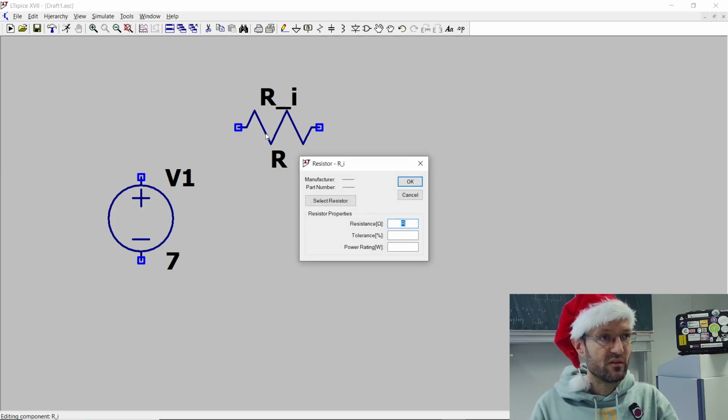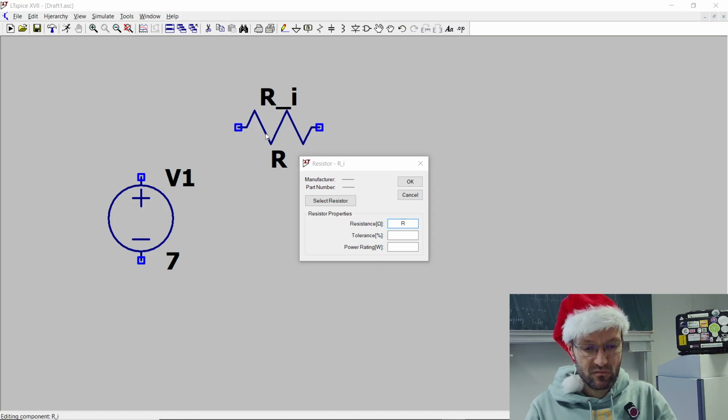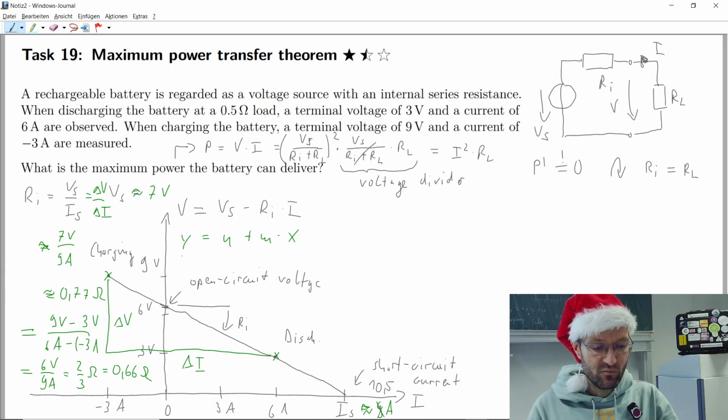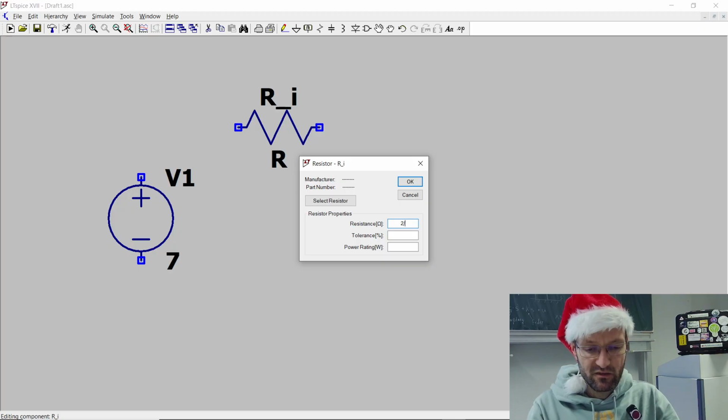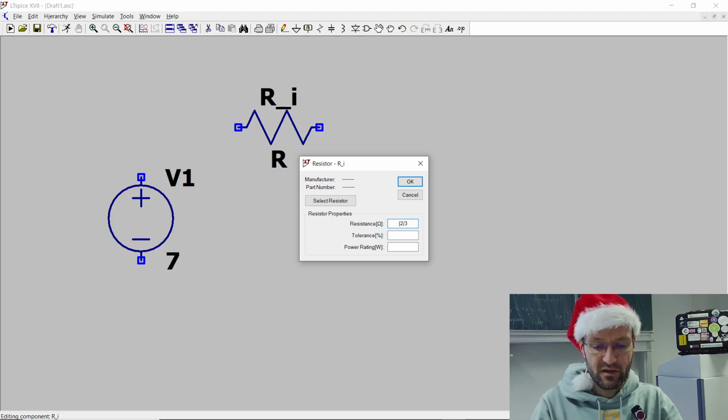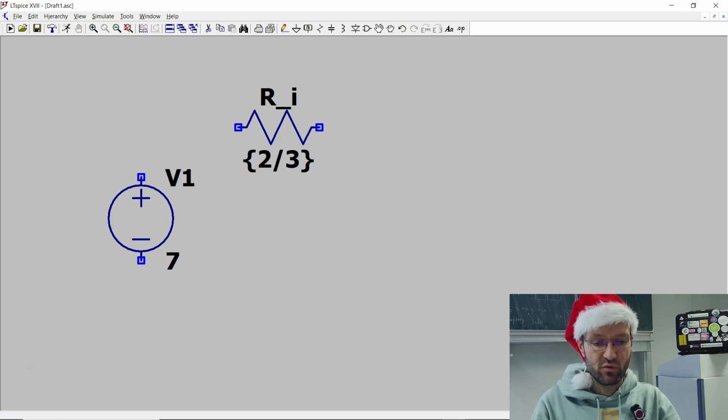What was the value of this? Yeah, the current is 10.5. The resistor was 2/3 ohm. So I can insert something like 2/3, but to make it a valid statement here in LTspice, I have to put it in curly brackets. So then it will work.